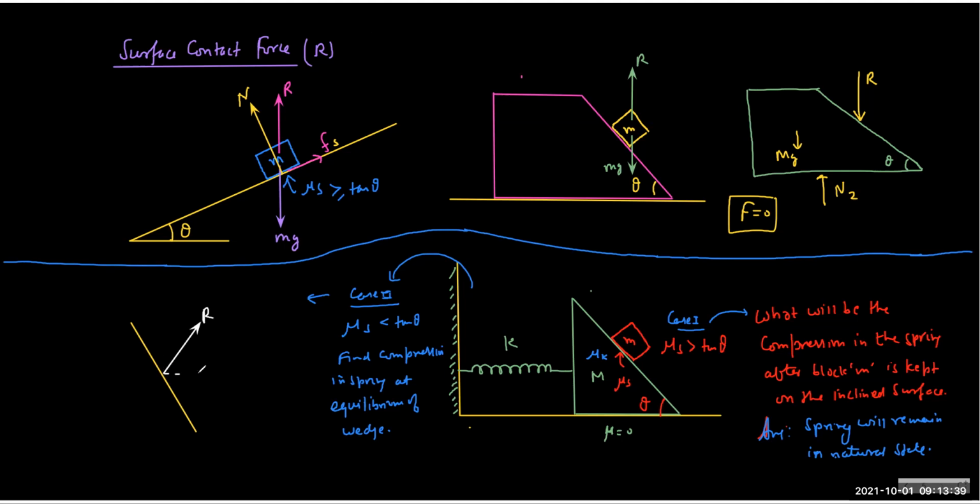This reaction force will have two components, one horizontal and one vertical, Rx and Ry. And then you will have gravity, mg. This is the FBD of the block.